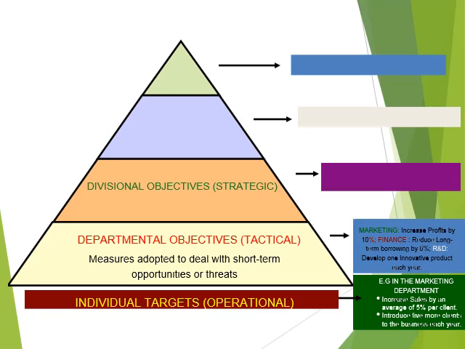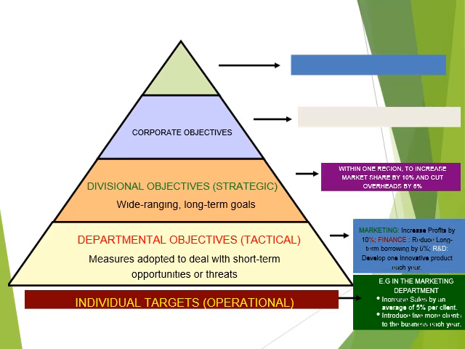Next, the divisional objective is decided, and it is wide-ranging and has long-term goals. For example, within one region, increase market share by 10% and cut overhead by 5%. This is strategic, I think. The next step is corporate objectives, which are the goals of the whole organization.